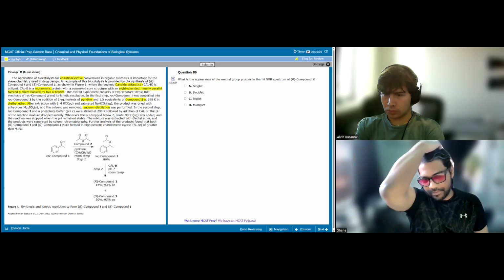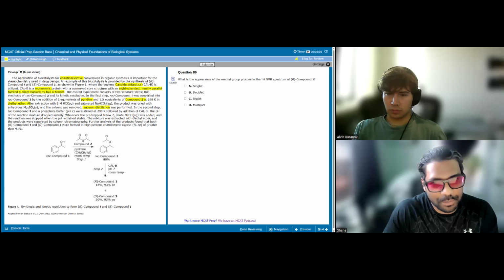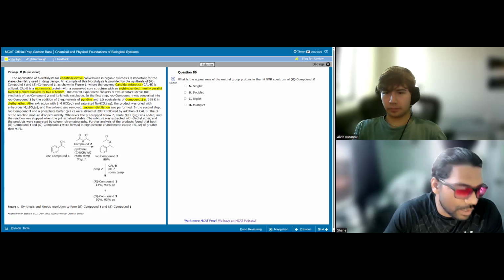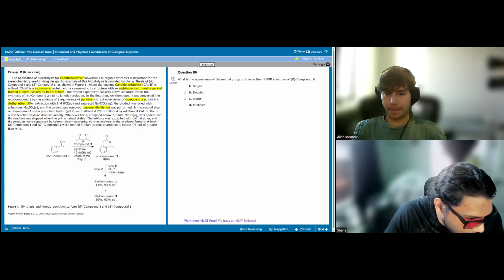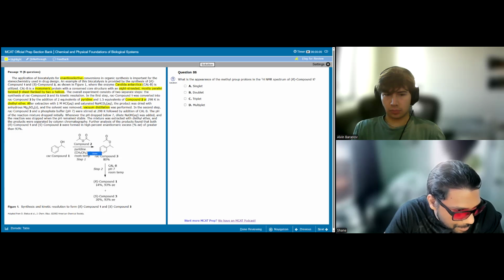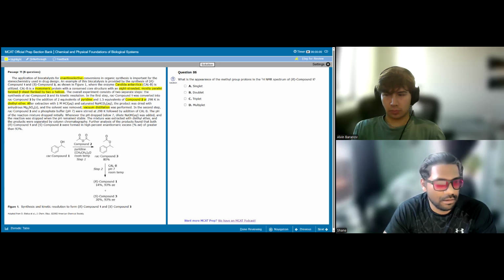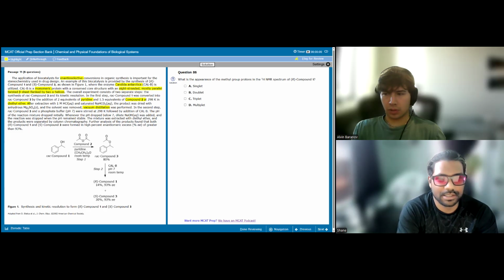So, the appearance of the methyl group protons in the HNMR spectrum of R compound. I didn't even really look at this. Okay, synthesis and kinetic resolution to form this. We add this, which looks like an anhydride, and pyridine. Did you say something about pyridine being a base?